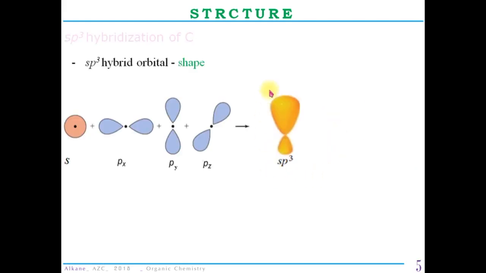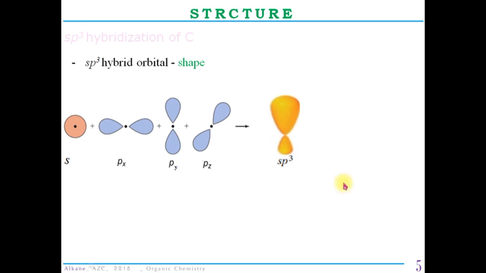Here is the shape of the sp3 hybridized orbital, which is made up of 3 p orbitals and 1 round shaped s orbital. The shape of the hybridized orbital is similar to the shape of a p orbital, but the difference is that the sp3 hybridized orbital has one lobe which is larger in size than the other lobe.